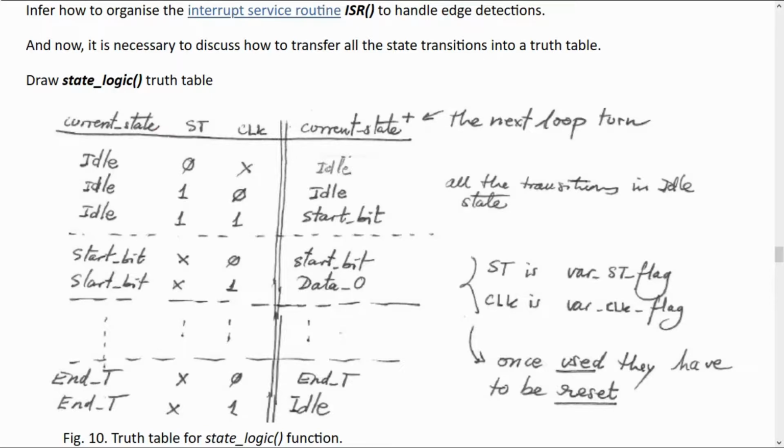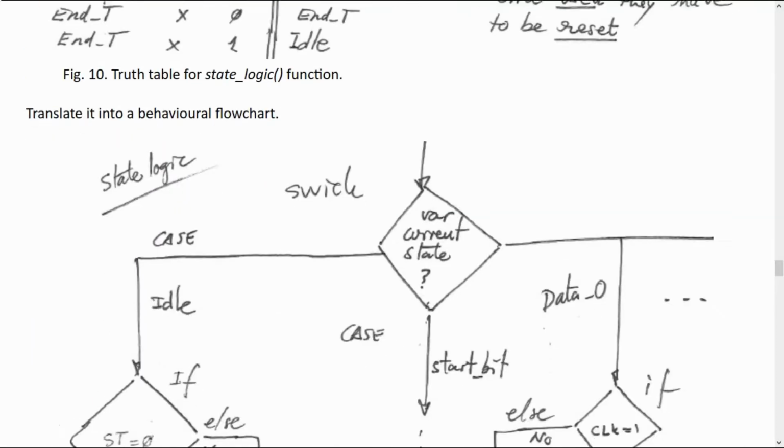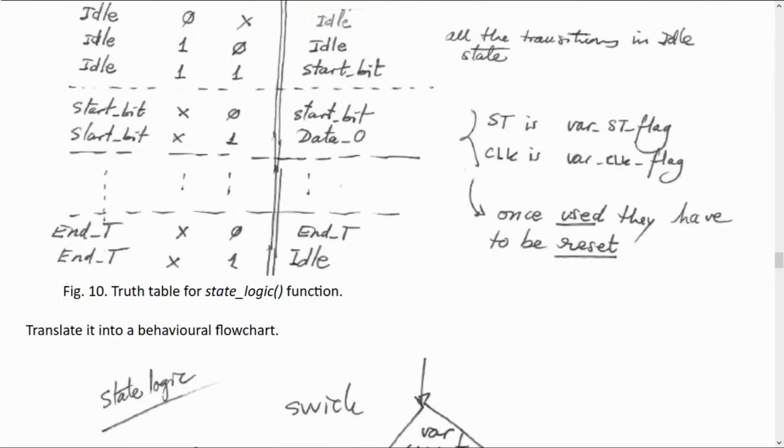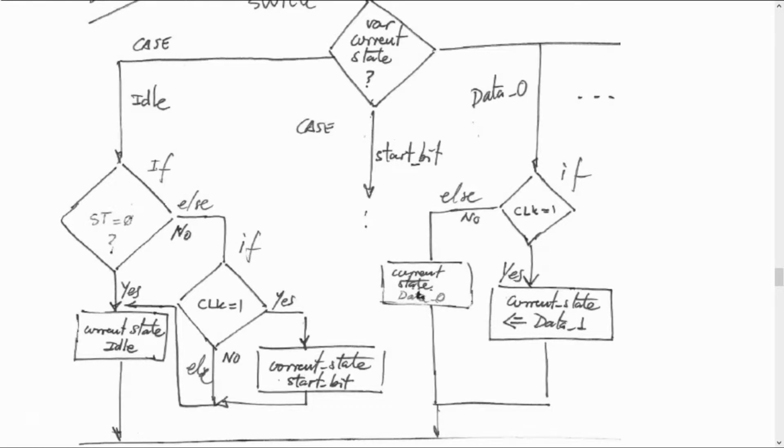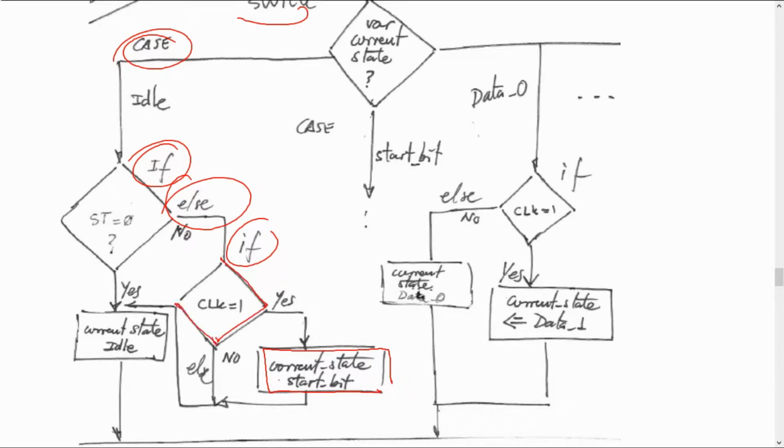And finally, if you have invented the truth table, you better translate that in the usual way into a flowchart. You see, so here you see very well what kind of C instructions, cases, switches, and if and else's, basically. So you are performing operations and you have these rhomboids to know what to do. Something like this.